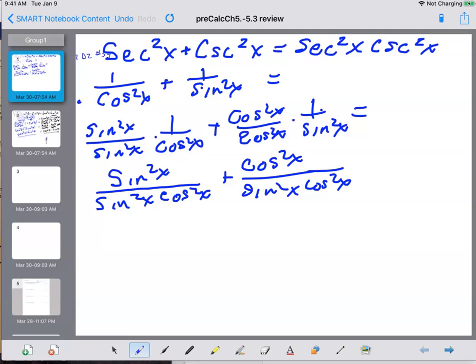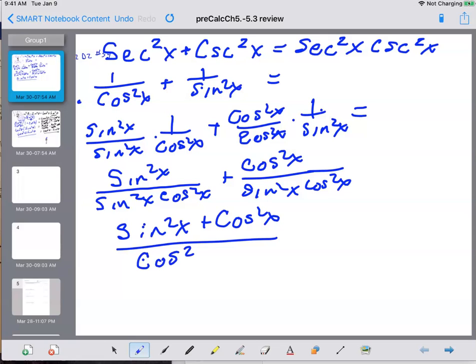So keeping in mind when I combine like terms, I now have on top sine squared x plus cosine squared x all over, reordered, cosine squared x sine squared x. Now sine squared x plus cosine squared x is 1. So this is 1 over cosine squared x sine squared x.